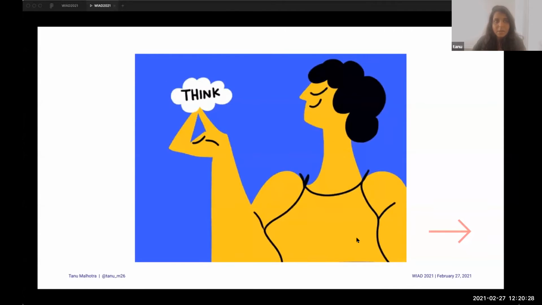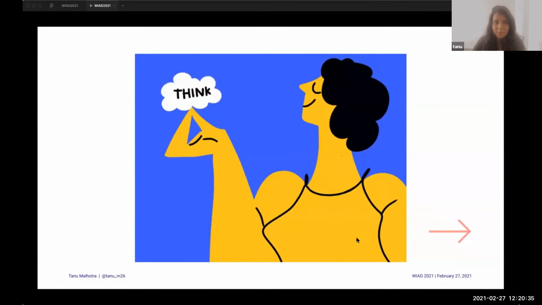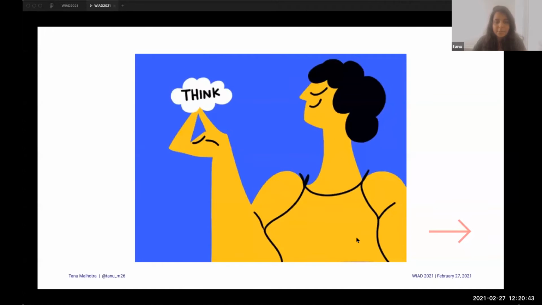So I majorly ask them what exactly is the meaning of the product they are working on, and what exactly user experience design means to them.